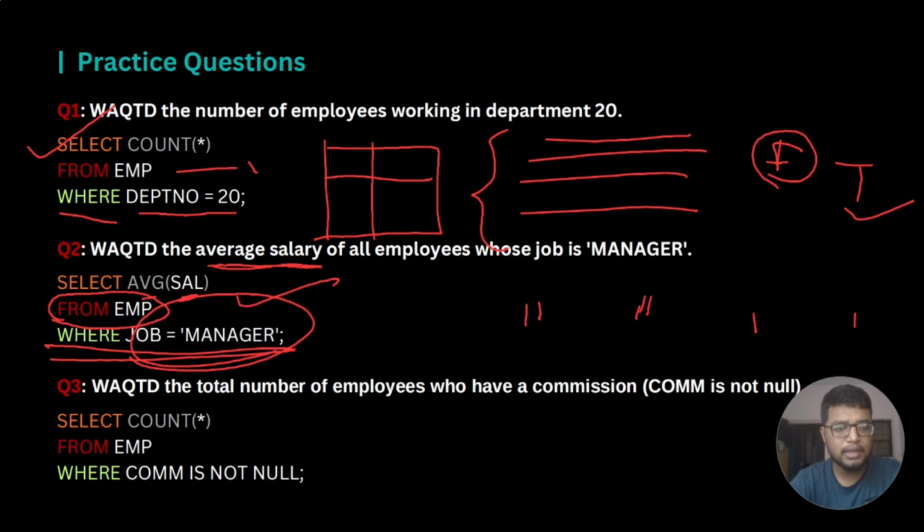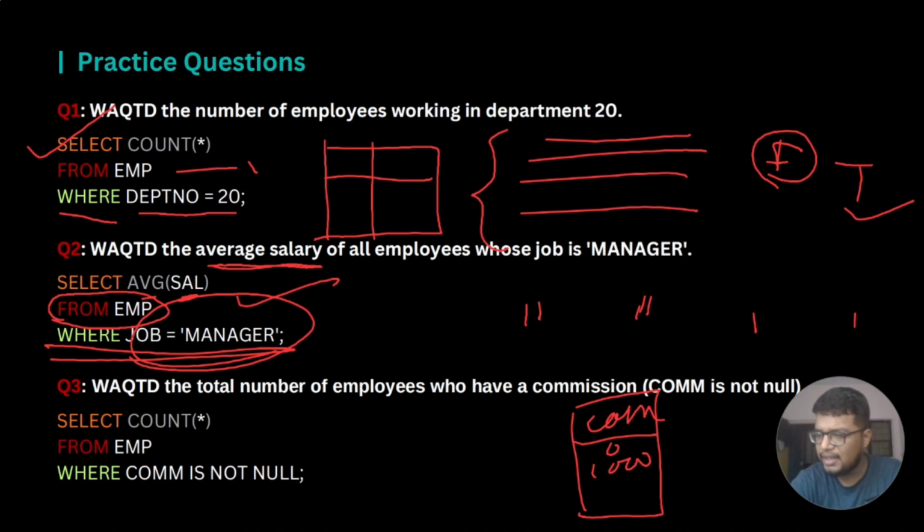Third question. Write a query to display the total number of employees who have a commission. We already know in our table this is our commission column. Some are getting 0, some are getting commission, let us assume 1000. In some cases nothing is there.